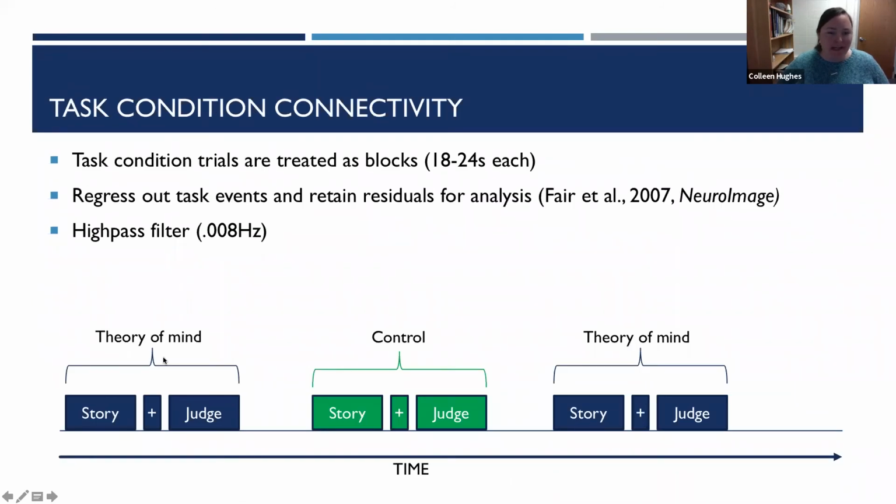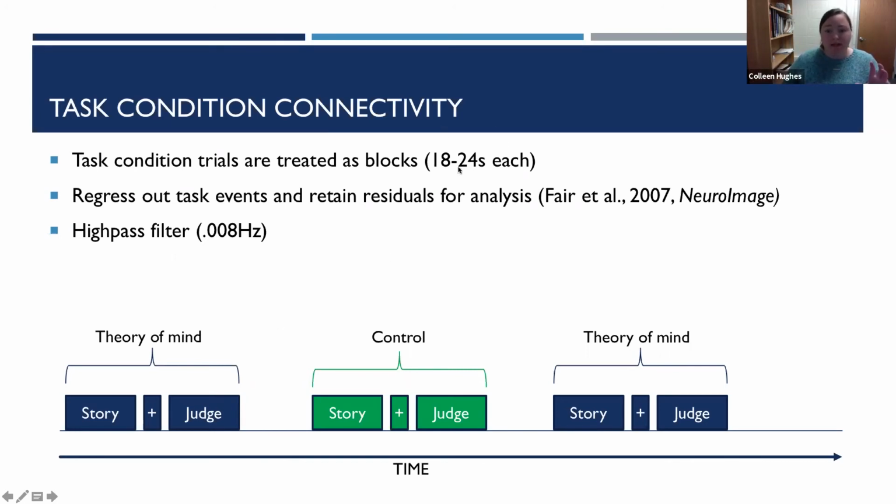Anne said folks had questions about task connectivity, so I'm going to touch on that a bit. Essentially, task connectivity is a bit tricky, especially if you have an event-related design, so block designs are probably better. I've seen folks who have the whole run be one type of task and a separate run be another type of task, or you just have longer block periods.